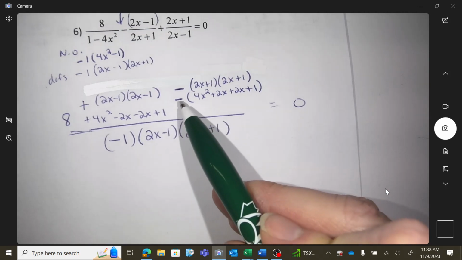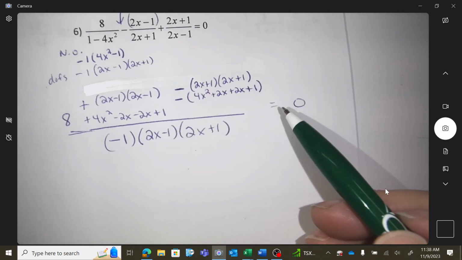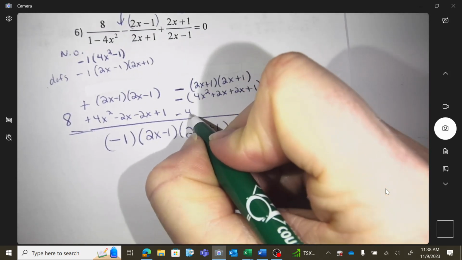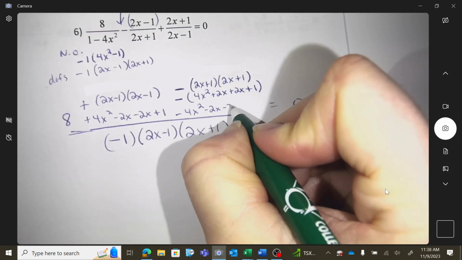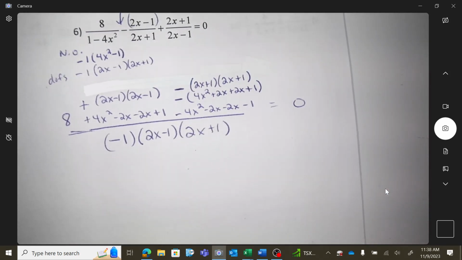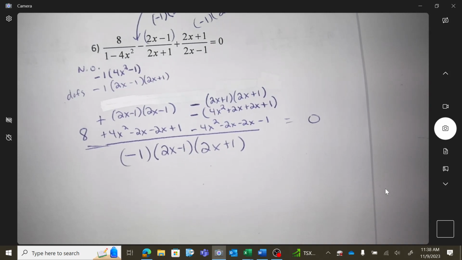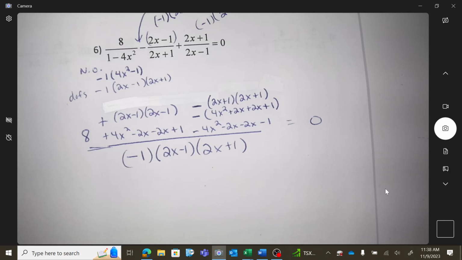Okay, this negative sign has to apply to that whole multiplication though. Do you see how much little details of math you're going to have to think about?